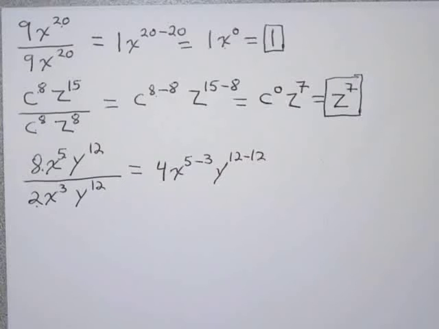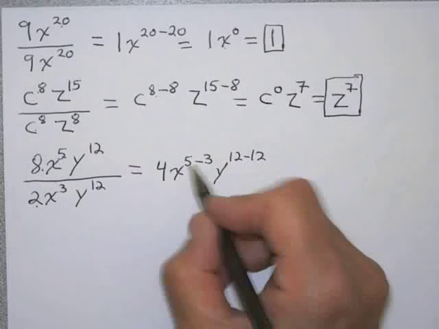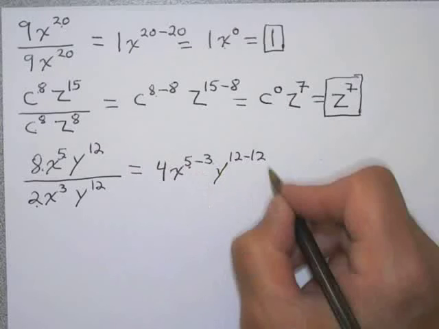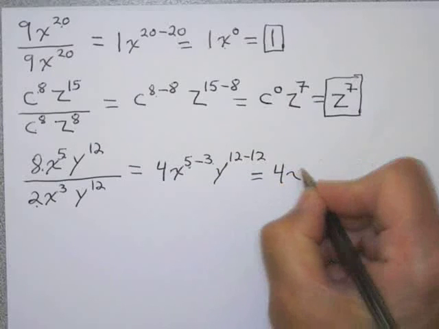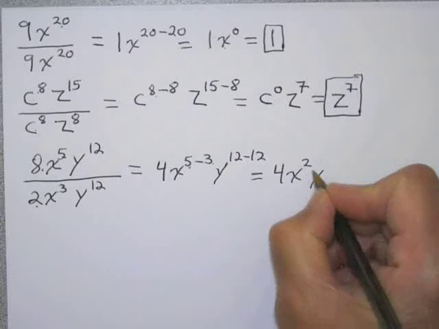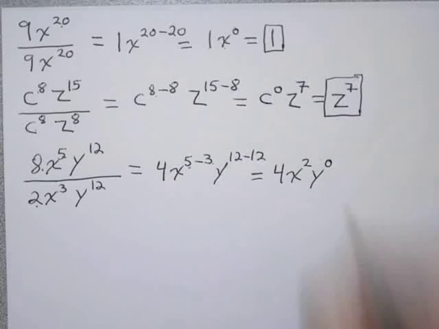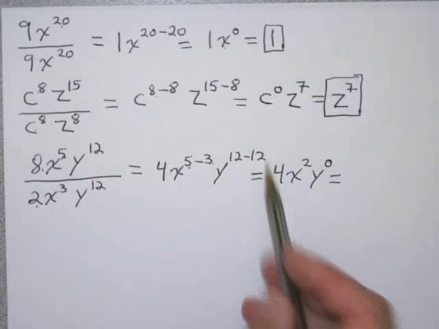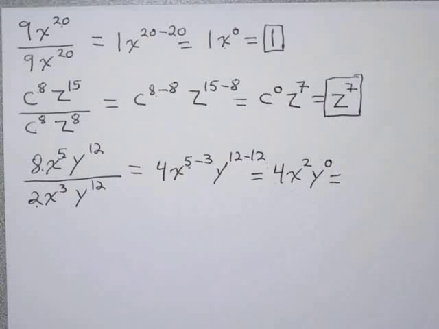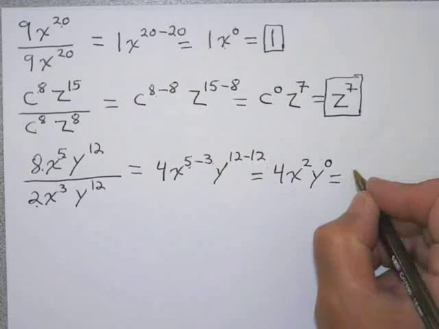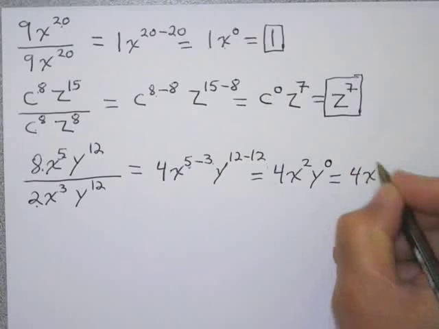All right, that leaves us with this. 5 minus 3 is 2, so this is going to equal, we still have our 4, of course, x to the 2nd power, and this is y to the 0 power. Once again, anything to the 0 power is 1, so essentially what I'm saying here is I have 4x squared multiplied by y to the 0, which is going to be 1. Therefore, my final answer would be 4x to the second power.